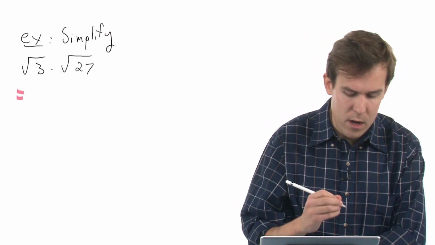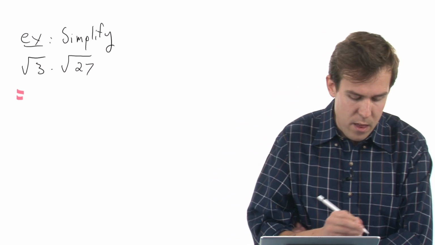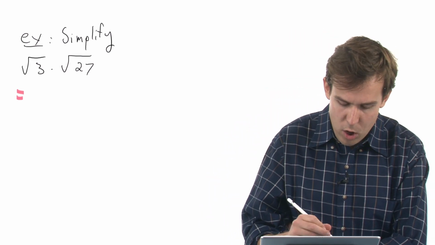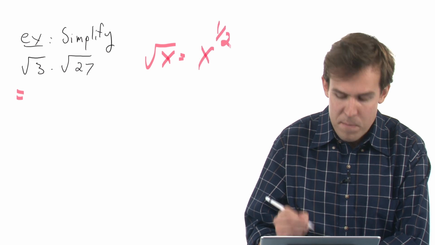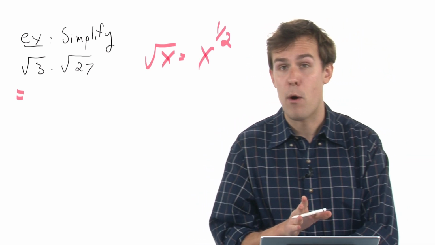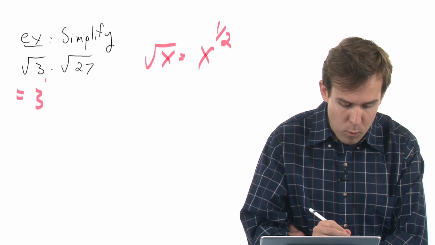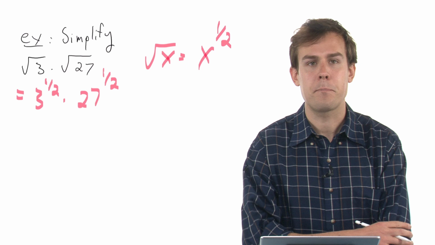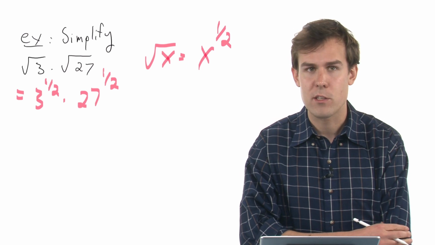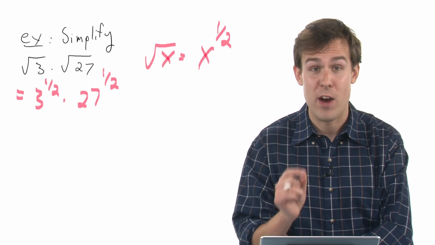But something one can notice, just recalling that the square root of x is equivalent to x to the 1/2, is that this is really a problem about exponents. So I have 3 to the 1/2 times 27 to the 1/2. Why observe this? Well, now I'm in a situation I know how to address.